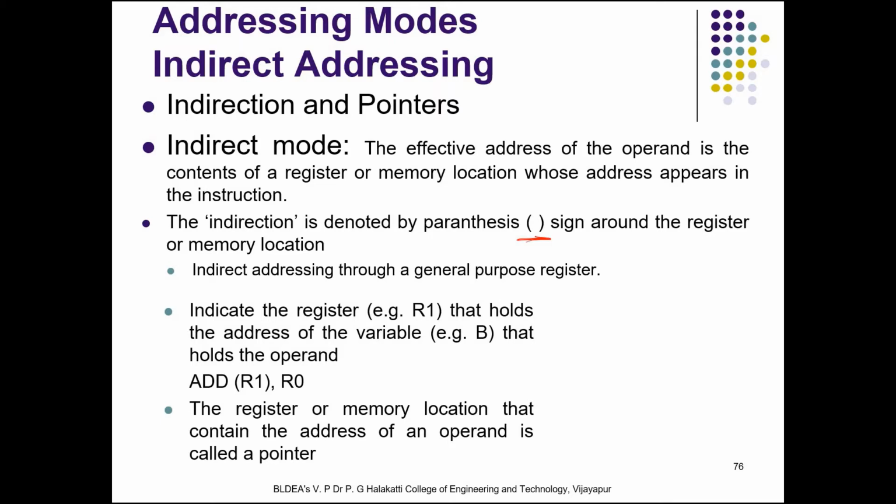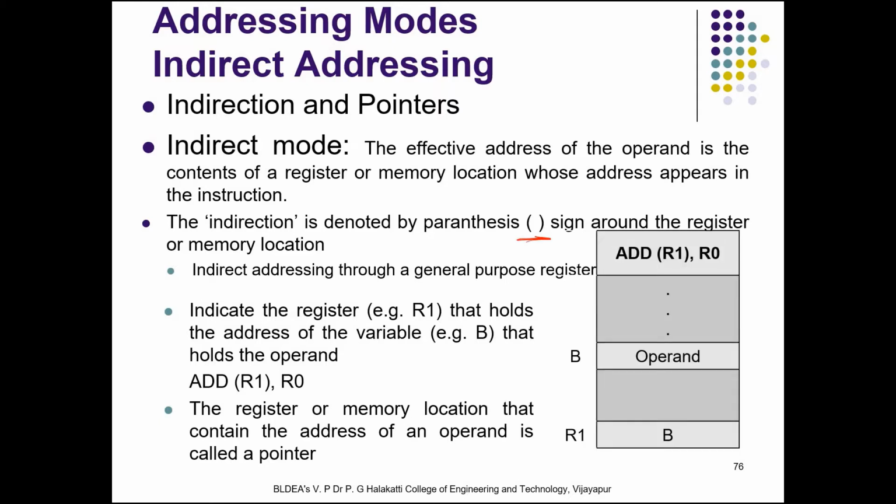This is a sign to denote that it is indirect around the register or memory location. Now in indirect we have two ways, either indirection through a general purpose register or through a memory location. So let's have a look at the first example, that is indirect addressing through a general purpose register.